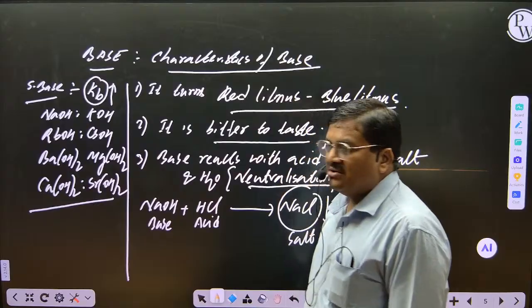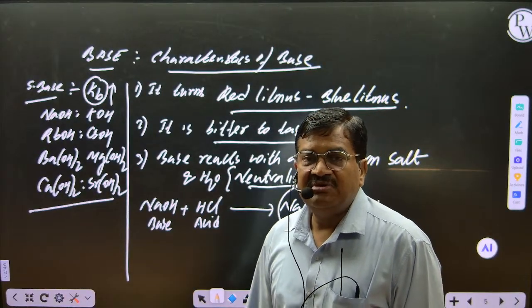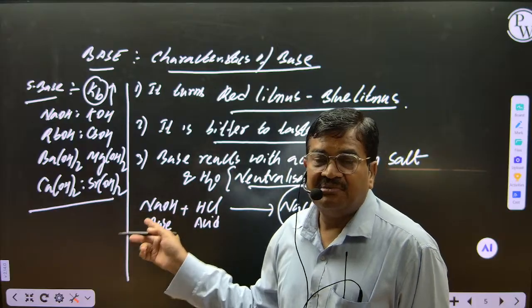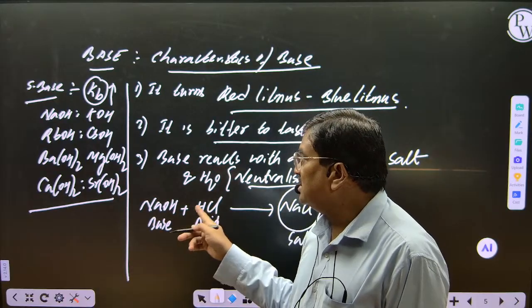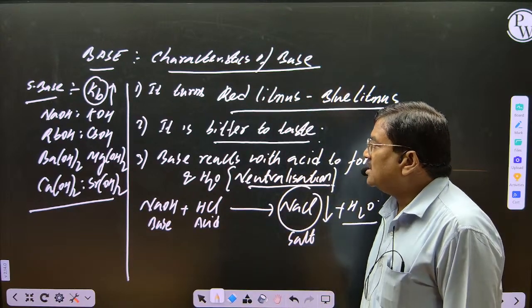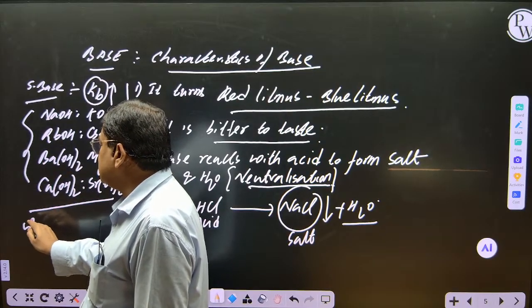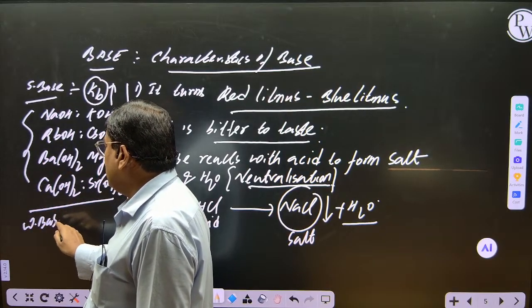So students should have an idea. Later we study in the main chapter, when the equilibrium chapter comes from 1st June onwards. Once again we recap all this. As it is a bridge course, we are discussing only the basic level. So this is strong base. Now coming to weak base. Weak base means the Kb value will be low.